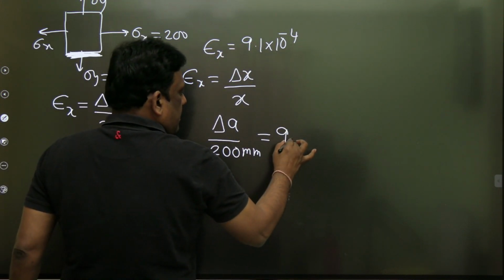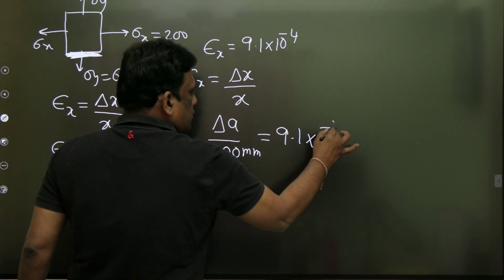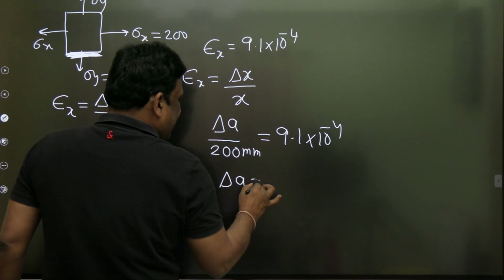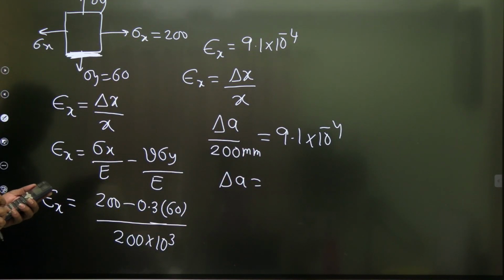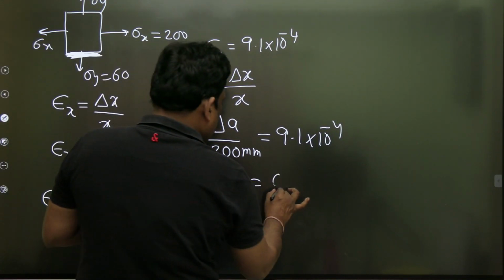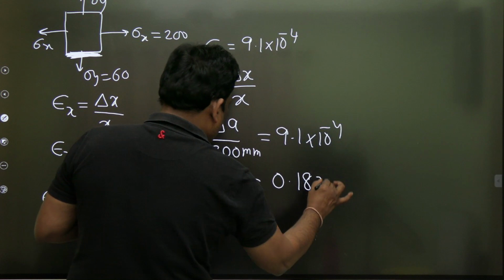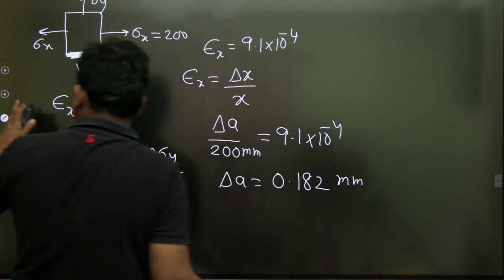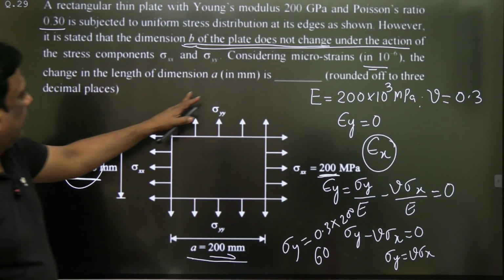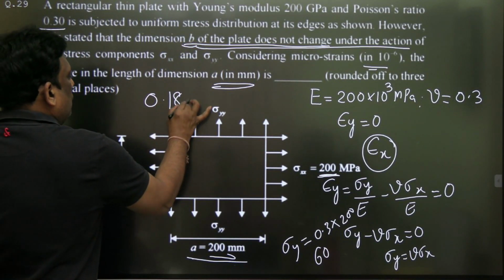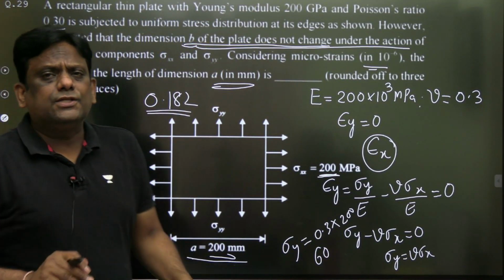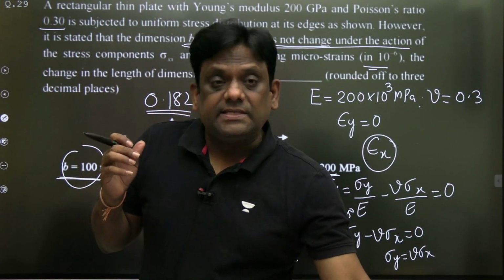So this is 9.1 into 10 raised to minus 4, into 200, and I am getting the change in dimension in x direction as 0.182 mm. Let me check, and he is asking in mm, so 0.182 is the right answer. Though it is not a tough question, it is an expected question.